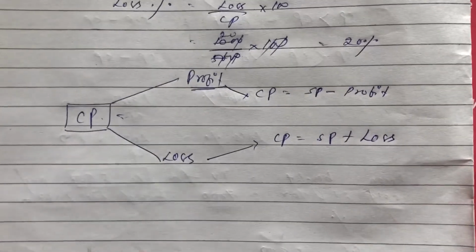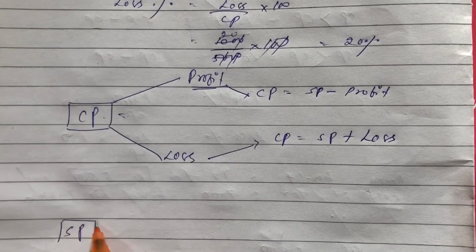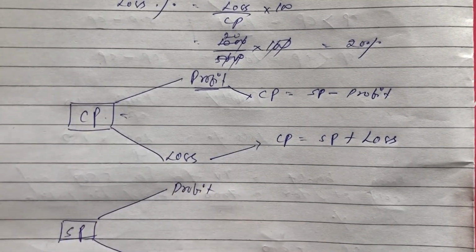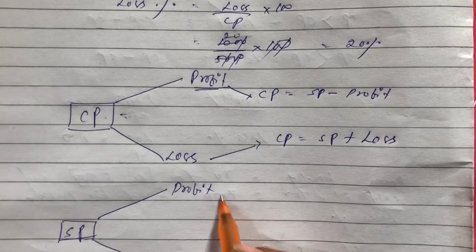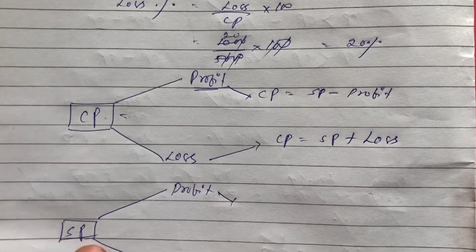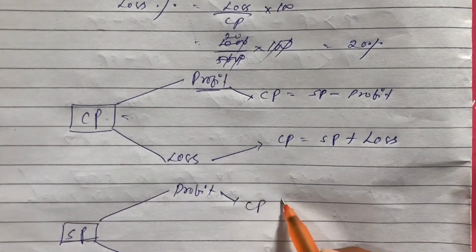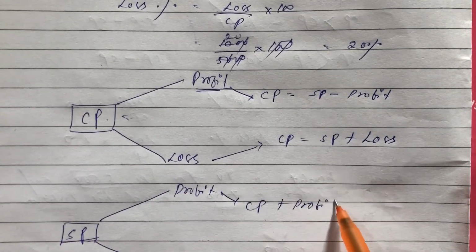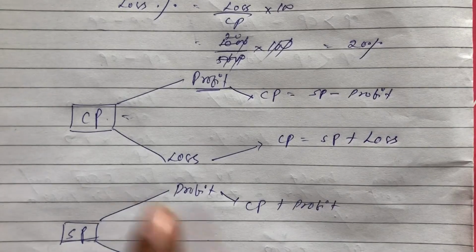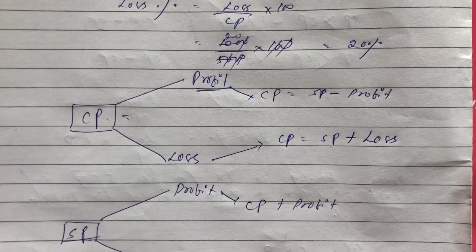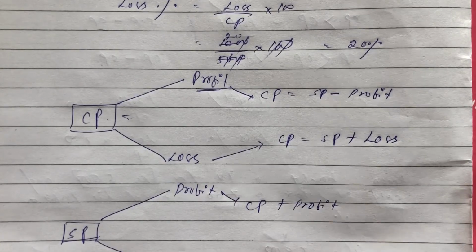Let's move to the SP. It has the same conditions: one is profit and the second is loss. In case of profit, the formula for SP is CP plus profit. And in case of loss, it is CP minus loss.